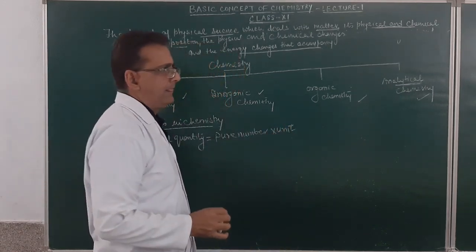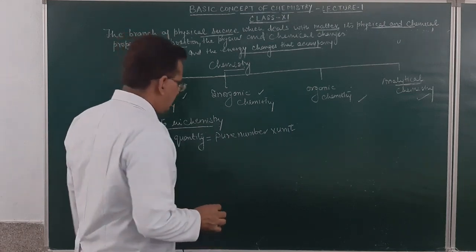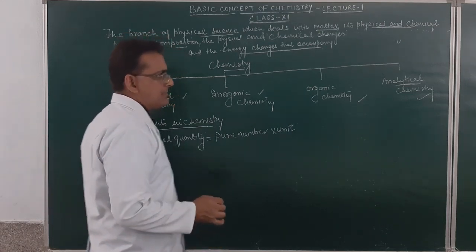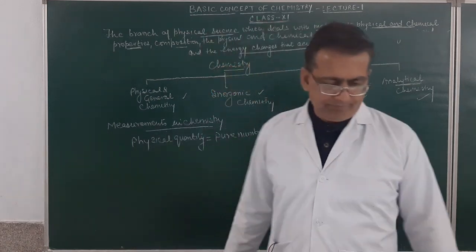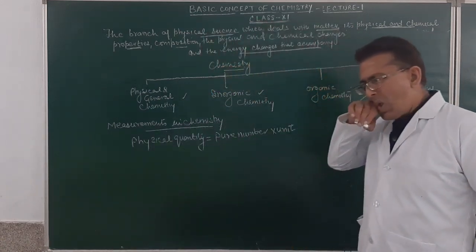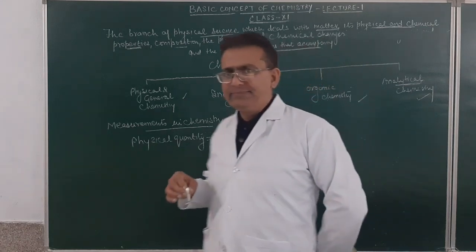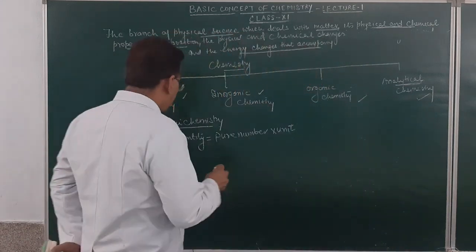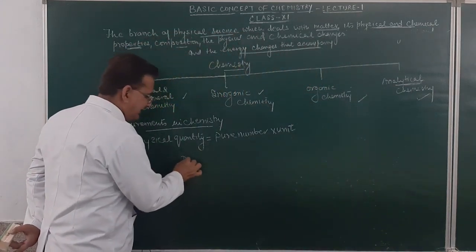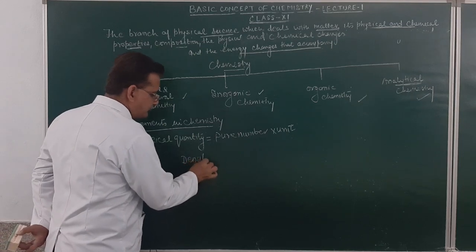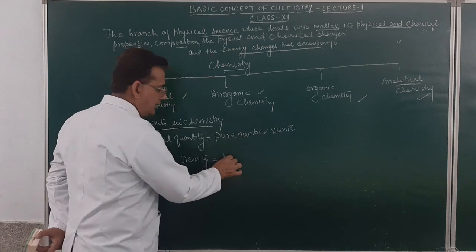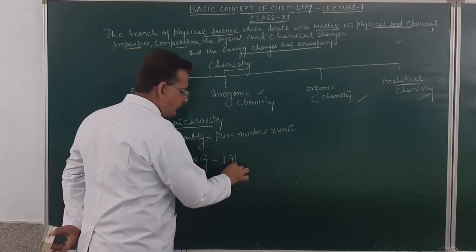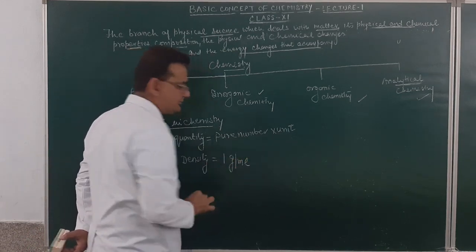Am I clear? As for example, if I write down any physical quantity, like density. Suppose I write the density of any substance is 1 gram per ml.